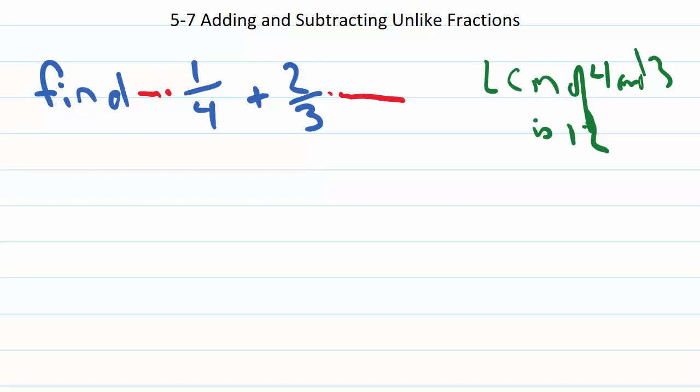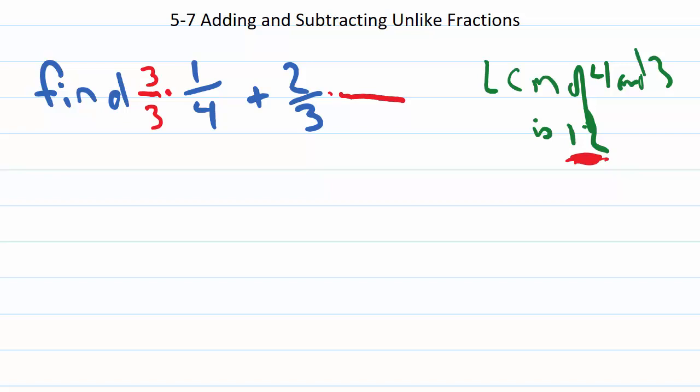If I want to build these fractions to an equivalent fraction with a denominator of 12, I want to build this 4 up so that it's a denominator of 12. I can do that by multiplying 4 times 3. But I cannot change the value of this fraction, so I must multiply 1/4 by the number 1, and I'm going to choose 3/3 as my version of 1.